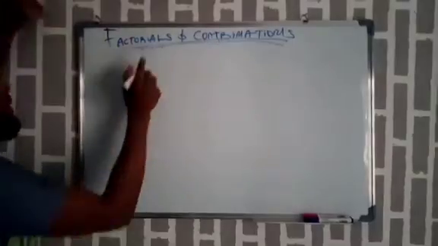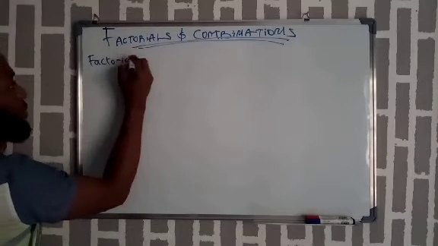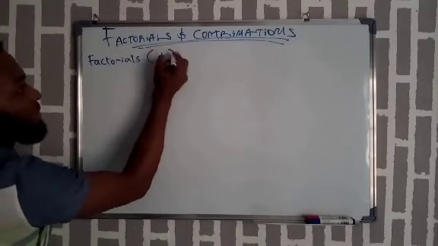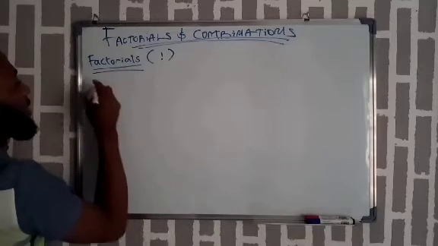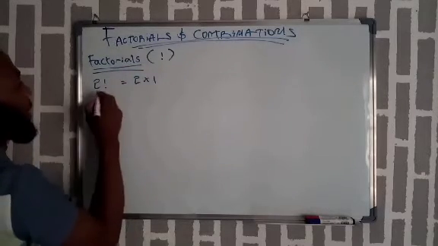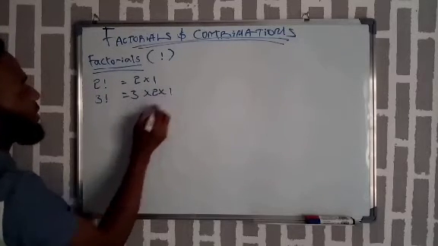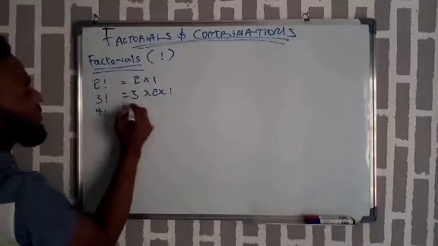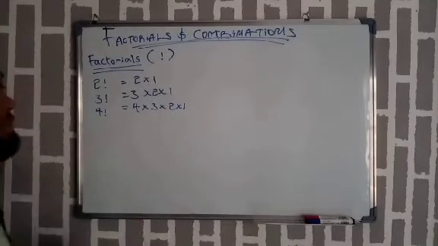So let's start with factorials, which is denoted like this, with an exclamation mark. If I write 2 factorial, it simply means 2 multiplying 1. If I write 3 factorial, it means 3 multiplying 2 multiplying 1. If I write 4 factorial, it means 4 multiplying 3 multiplying 2 multiplying 1, and so on and so forth.